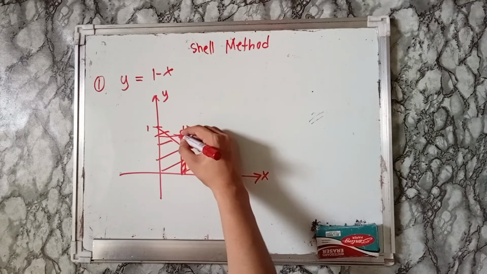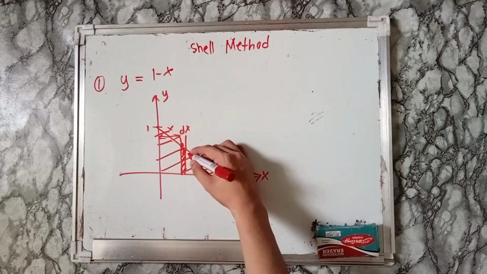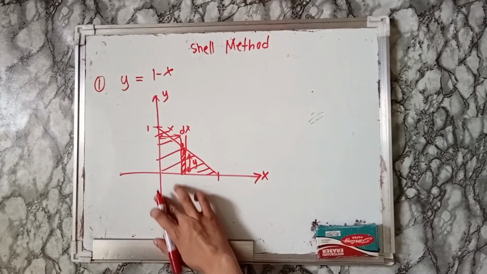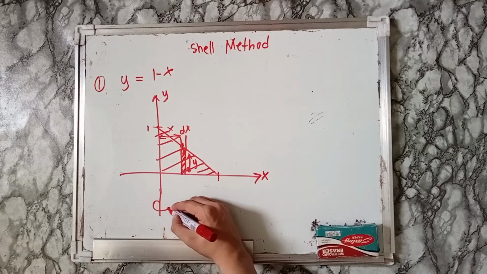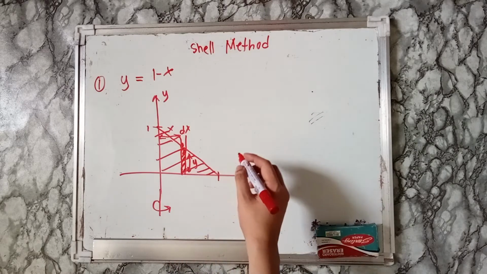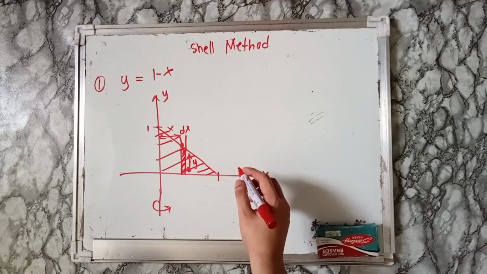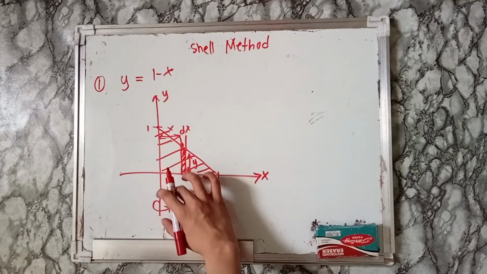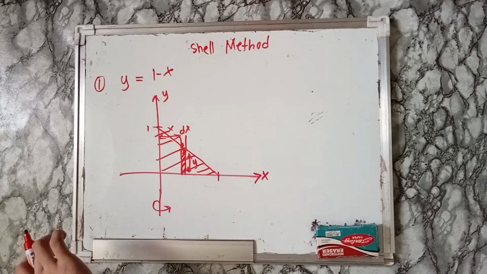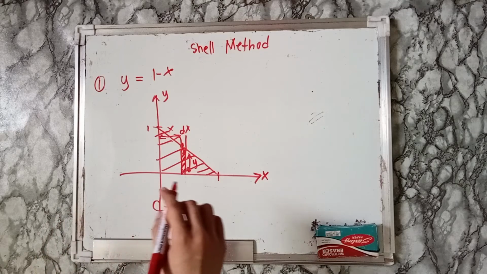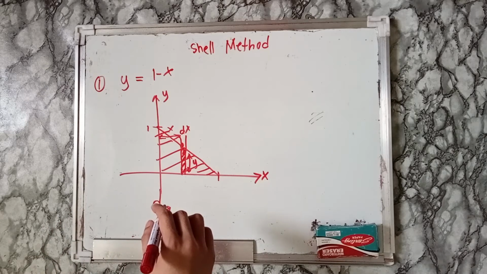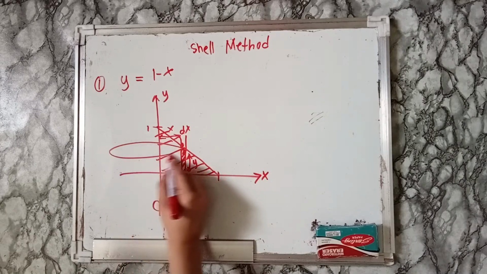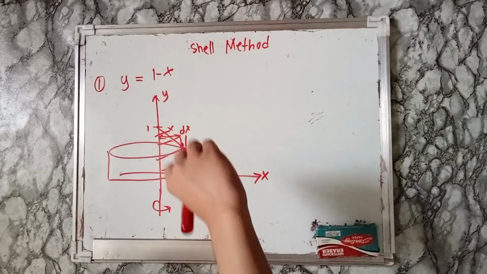And of course this is our x and y, with our area of rotation along the y-axis, right? So if we rotate this, it will look like this, right?